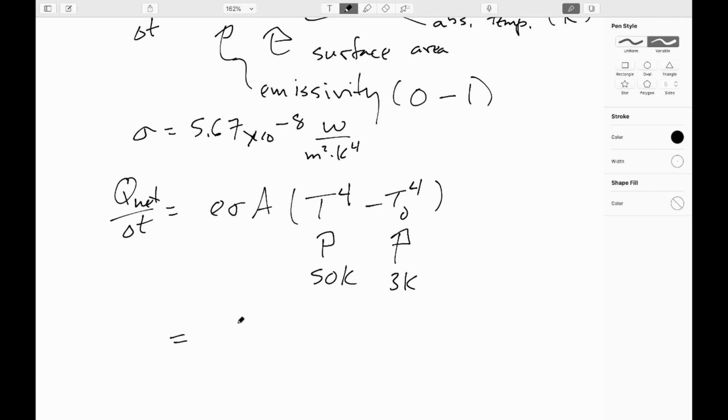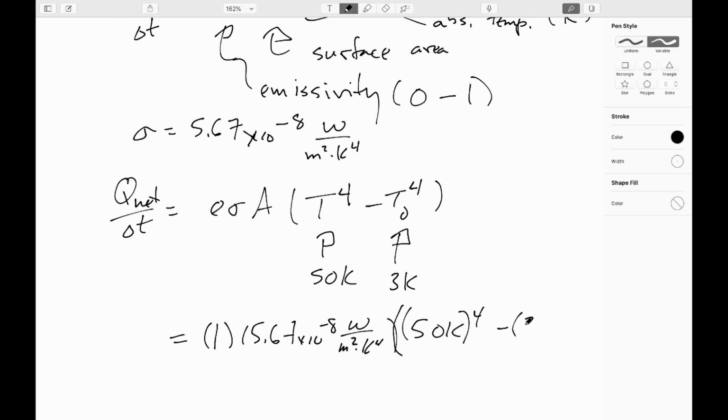So for our hypothetical satellite, the emissivity is darn near 1, so we'll just call it 1, times 5.67 times 10 to the negative 8 watts per square meter Kelvin to the 4, and then 50 Kelvin to the 4th power minus 3 Kelvin to the 4th power.